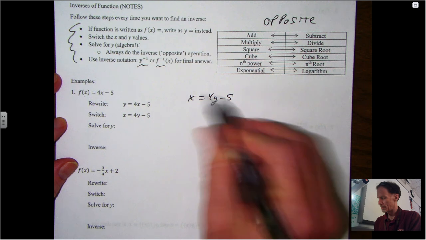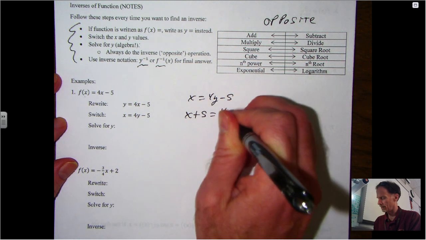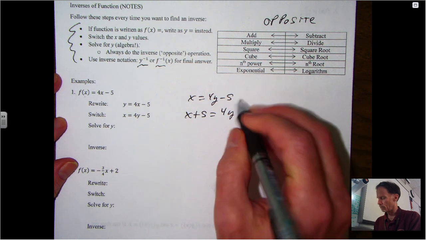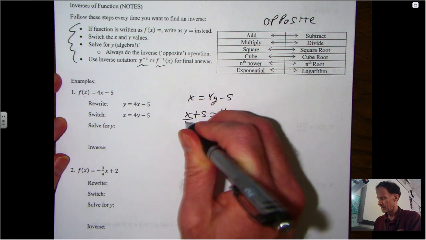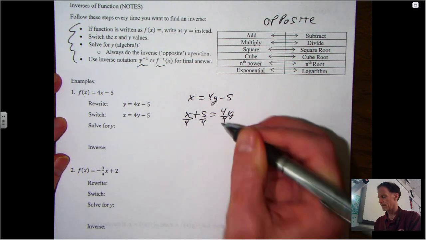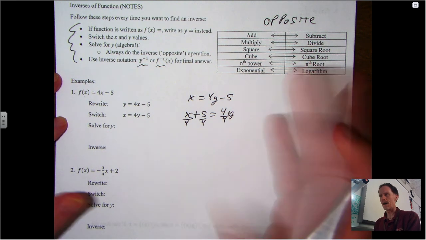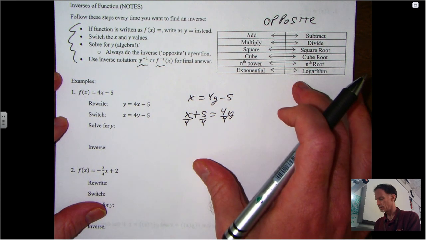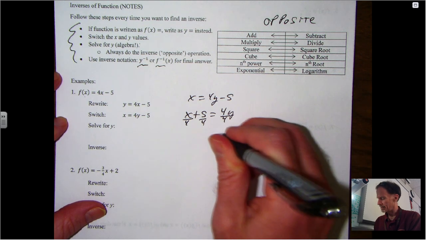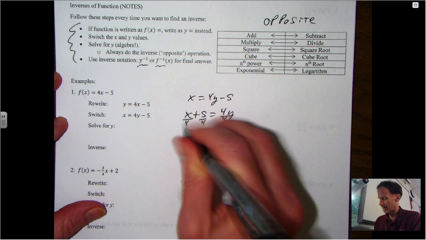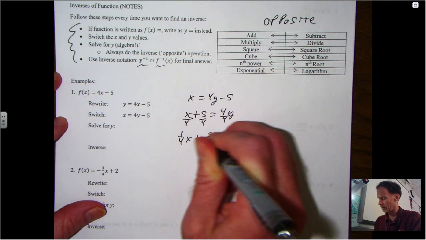So we know we need to add 5 to both sides. We get x plus 5 equals 4y. And then we have to divide by 4. Remember, anytime you're dividing, you need to divide everything by that number. There are other ways you can write it too, but I think this is the most consistent way to do this. So y is equal to 1/4 x plus 5 over 4.